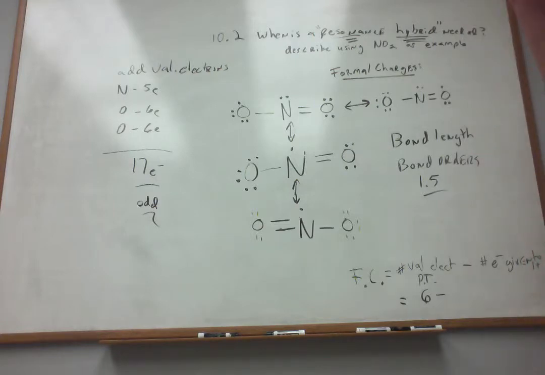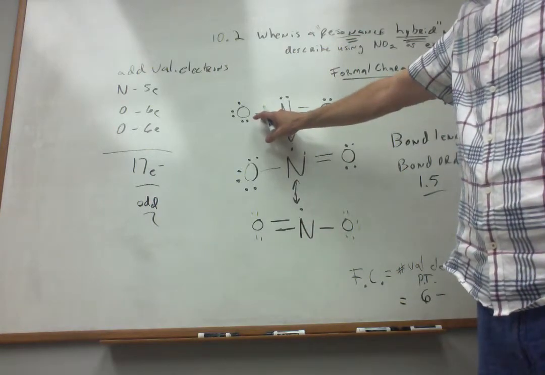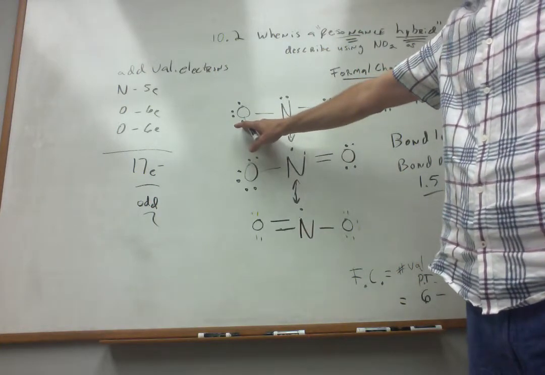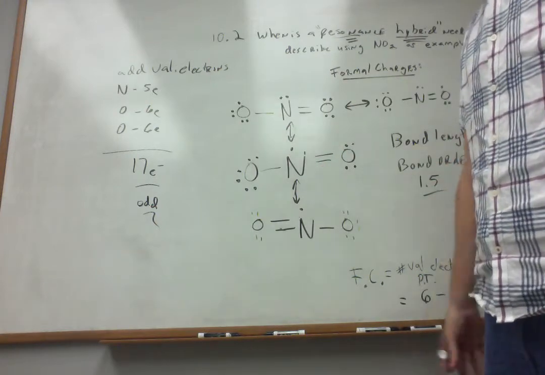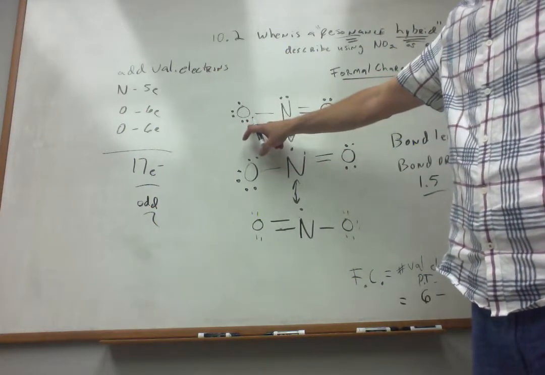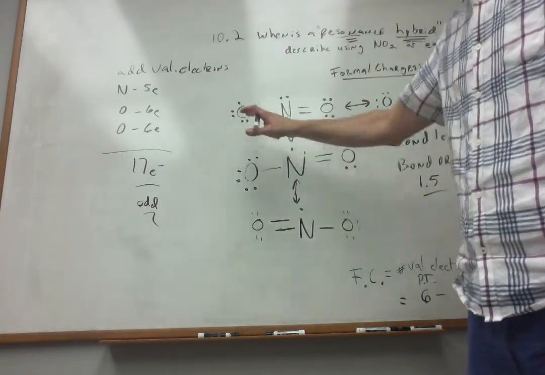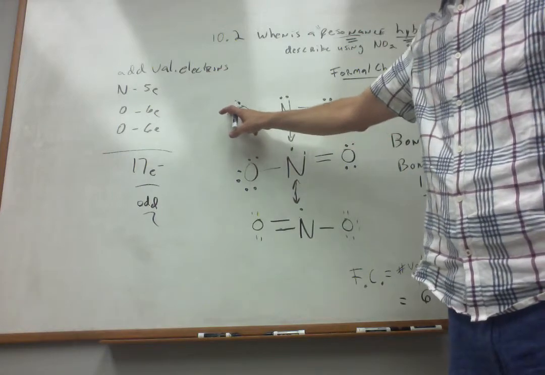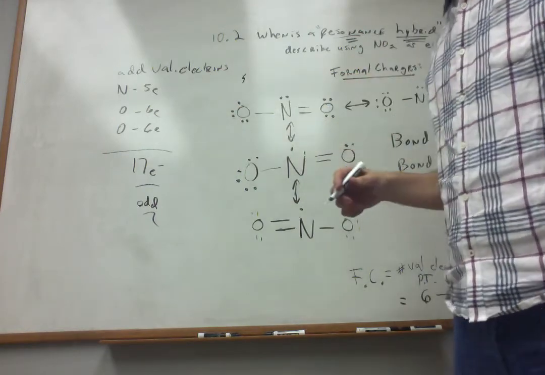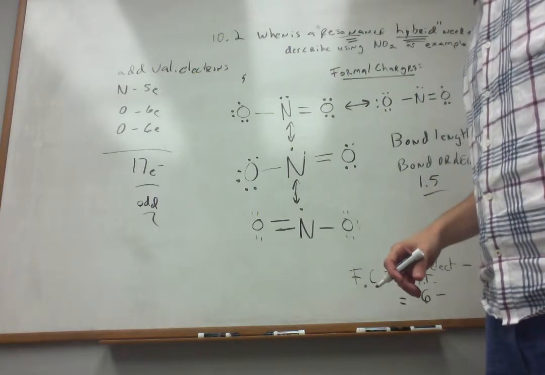Now, that's a little bit more complicated because there's different types of electrons, right? There's bonding electrons and there's non-bonding electrons, so there's two different types. If you've got a non-bonding electron, like these dots, that's assumed to be wholly the property of that atom. So this oxygen's got 1, 2, 3, 4, 5 non-bonding electrons that belong to it, right?